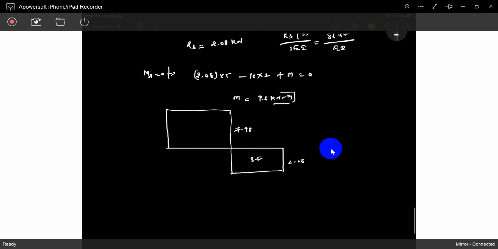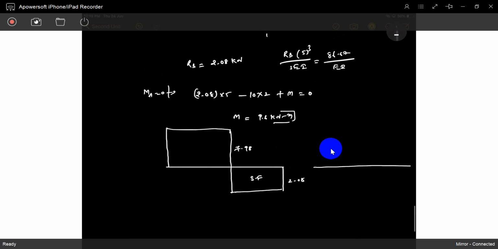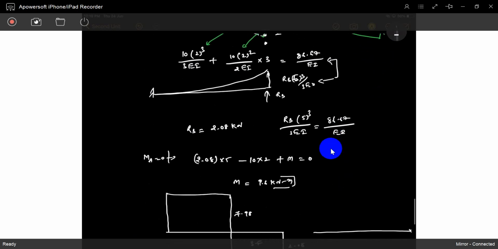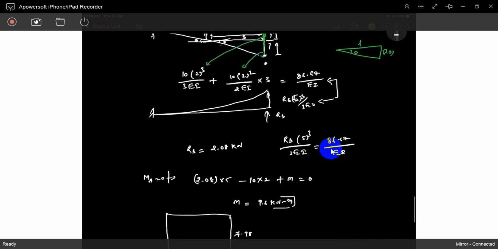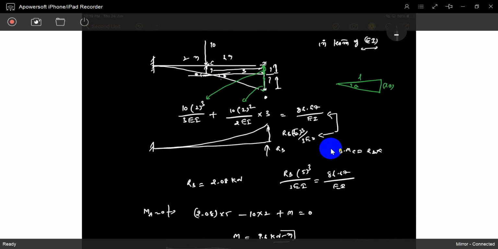And also draw the bending moment diagram. At location B it is 0, and it keeps increasing. We have to find the maximum value at C. What is the bending moment at C? It is RB into 3.